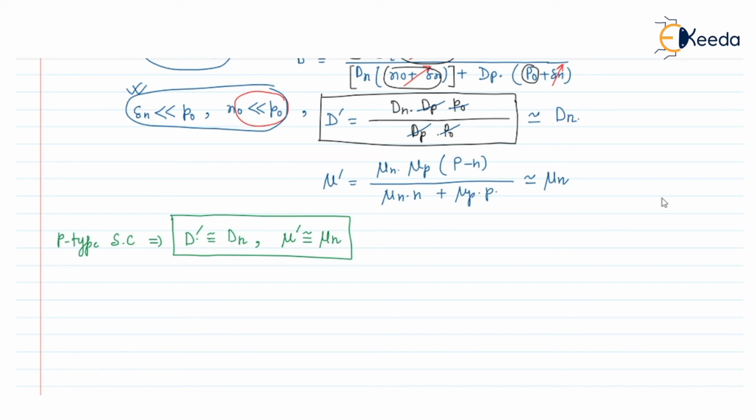Similarly, if we go for an n-type semiconductor, then we know that under the low level injection consideration, we can say that the del p value, that is the excess hole concentration that has been generated, will be very much less than the electron concentration, that is the majority carrier concentration for the n-type semiconductor.